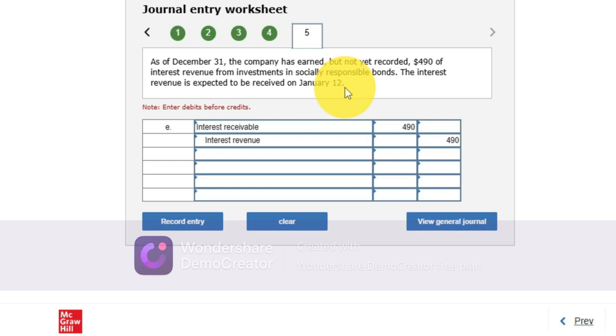So this has been earned but not been recorded. The amount is $490. The interest receivable is $490, and the interest revenue is $490 as well. The interest receivable is going to be on debit, and the interest revenue is going to be on credit. So this is what I've worked on.